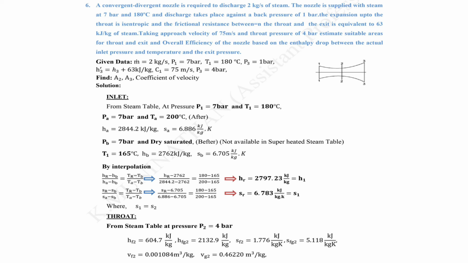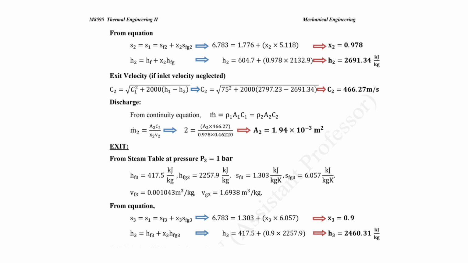Here S1 is equal to S2 due to the isentropic process. For the throat, from the steam table at pressure P2 equal to 4 bar, the values Hf2, Hfg2, Sf2, Sfg2, Vf2, Vg2 are obtained, and then from the equation the entropy value S2 is equal to S1 is equal to Sf2 plus x2 Sfg2.